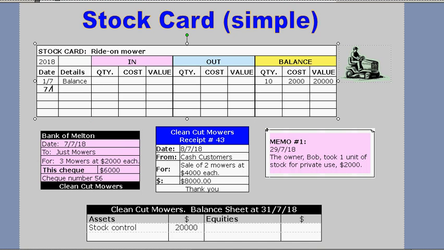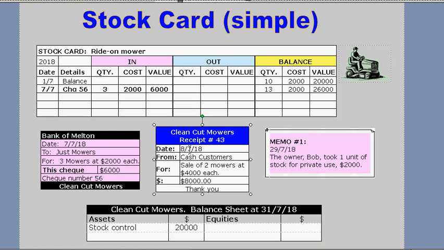We just go to the date column, 7/7, and we put the check number 56 in the details column. 3 mowers come in, $2,000 per unit, $6,000 worth of stock has come in, and that means, of course, that the balance goes up by 3 units to a total of $26,000 worth of stock. So the check has been recorded into the in column of the stock card, and the balance has been adjusted upwards. Of course, that check would also be recorded in the cash payments journal.